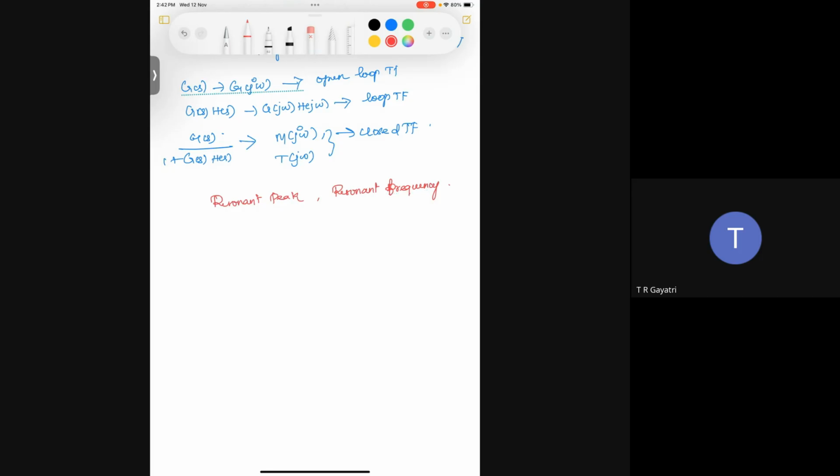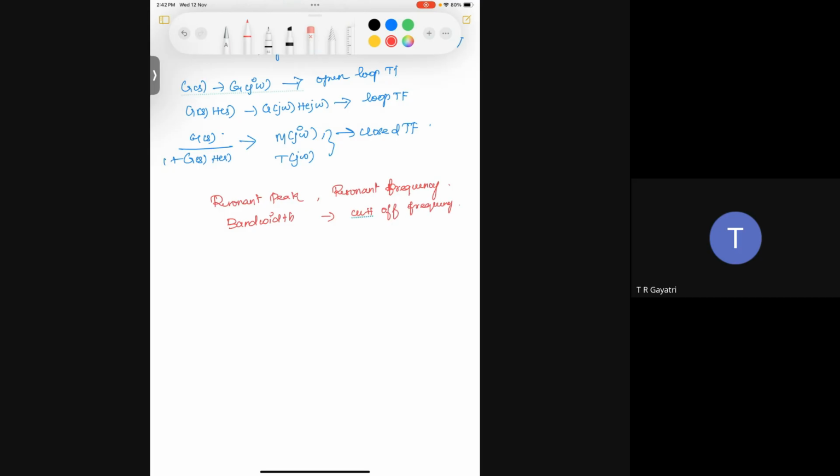Then we saw bandwidth, the minus 3 decibels point. When your plot reaches minus 3 decibels of magnitude, the frequency corresponding to this is the bandwidth, omega b. We also call this the cutoff frequency.